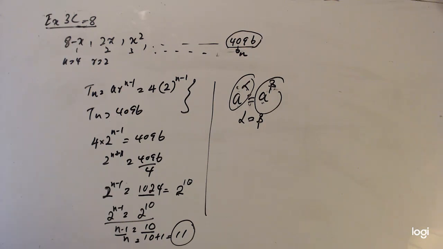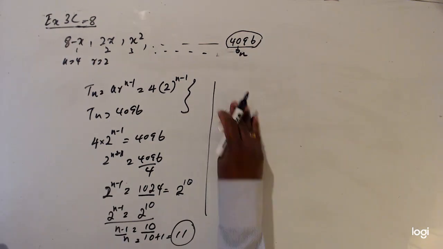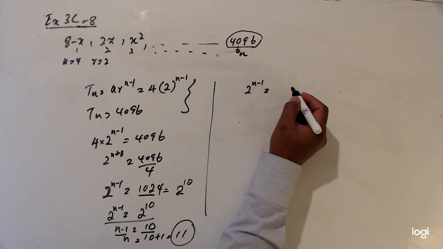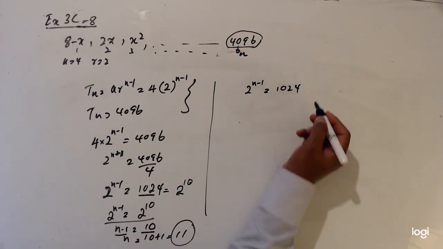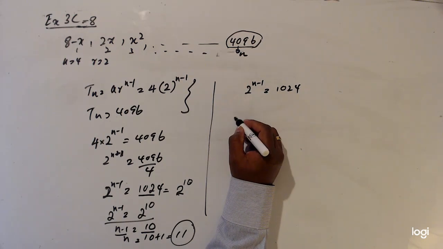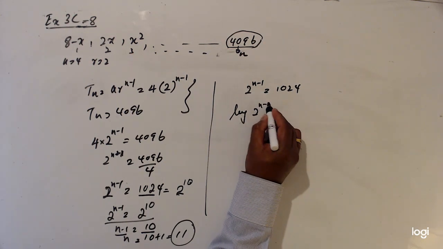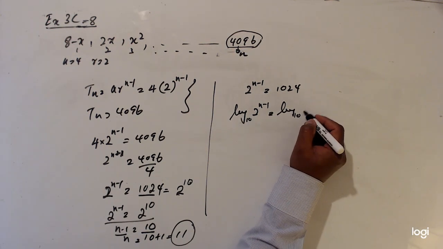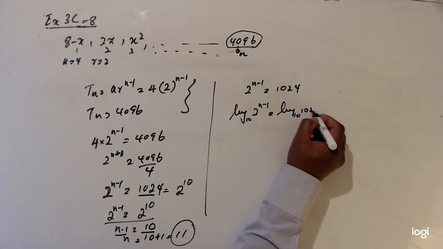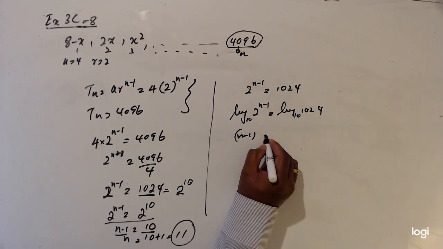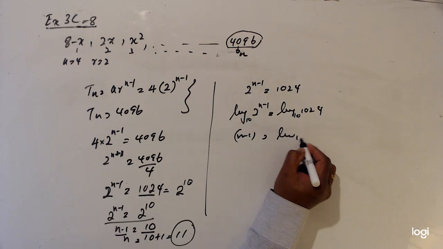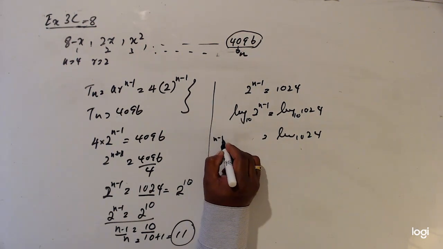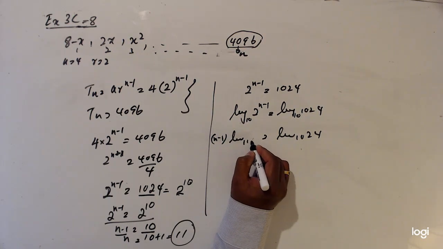The other way around is to work with 2 to the power n minus 1 equals 1024. So apply log: n minus 1 times log 2 equals log 1024.